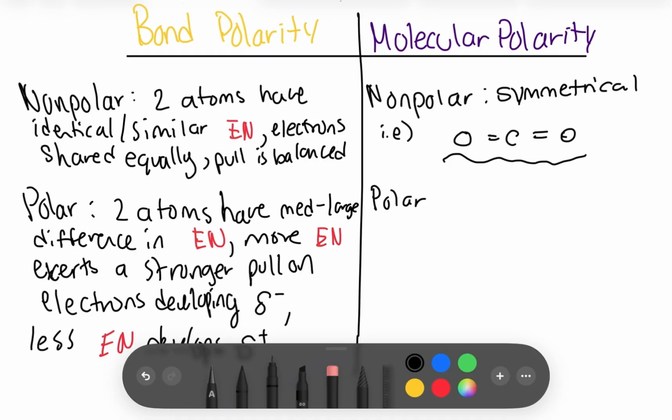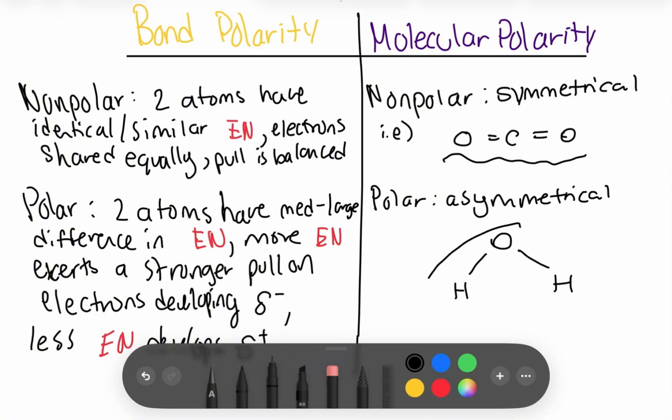But a polar molecule is asymmetrical. So for example, if we take H2O, we have oxygen, then we have hydrogen. If we look at the individual bonds, O-H are very polar because oxygen is more electronegative than hydrogen, and because H2O has a bent shape, it's asymmetrical and therefore polar.